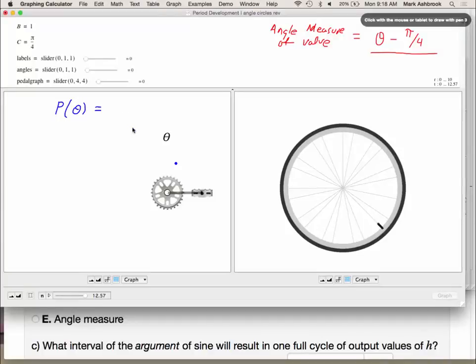So we want the vertical distance of the pedal above its horizontal diameter in its rotation there as a fraction of the radius. So you're going to write that function. What function is that? We should know that by now. That's the sine, right? That's just exactly what sine gives. It's sine of theta. That's going to give the vertical distance above the horizontal diameter.